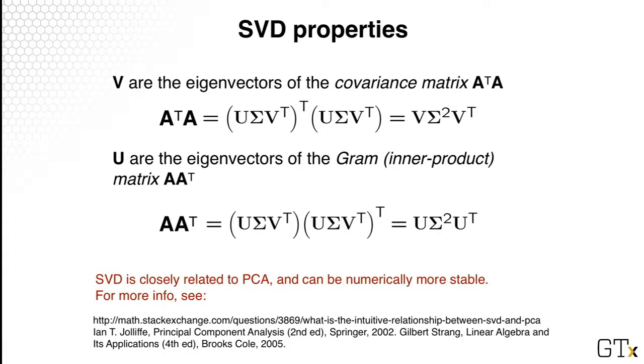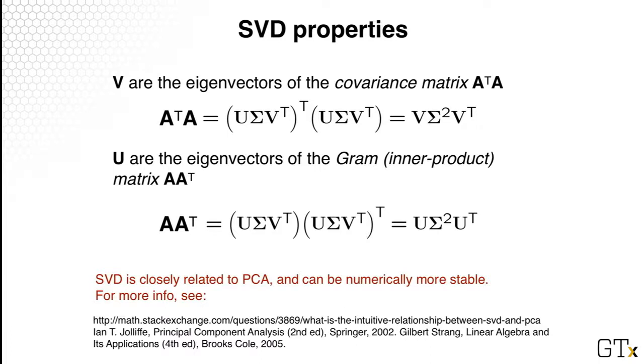So what does all this mean? It means that SVD is closely related to PCA, or principal component analysis, a very popular dimensionality reduction method, because in PCA we need to compute the eigenvectors of A transpose A. Multiplying out A transpose A is actually not a very good thing to do, because it can lead to loss of precision.